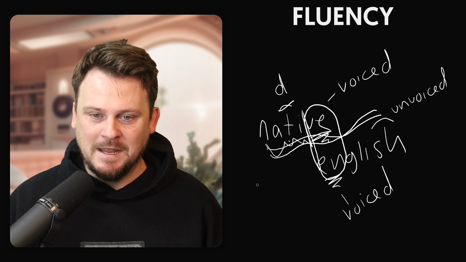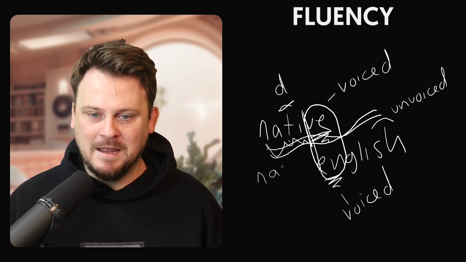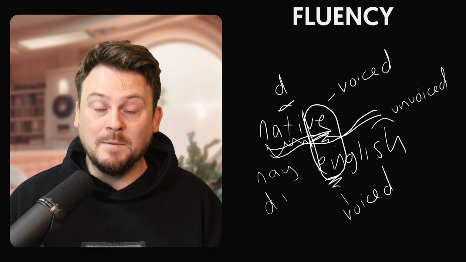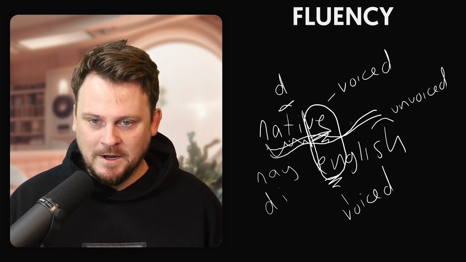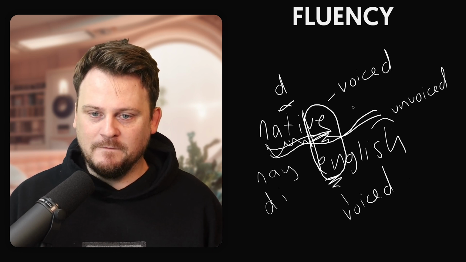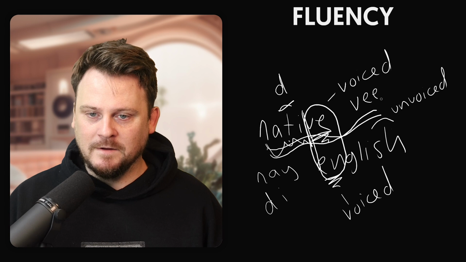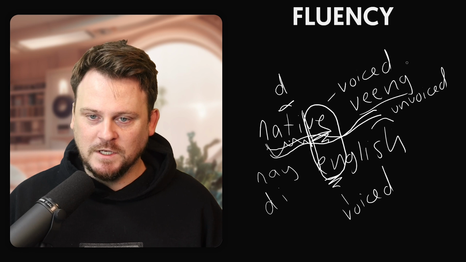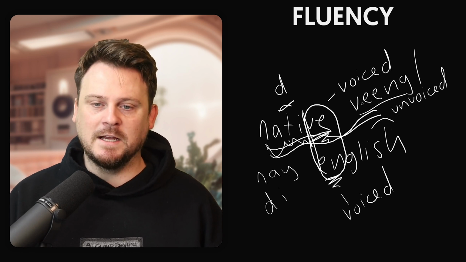Nay, like nay, and I'll make that how it is. Nay, and then di, native. And then the next syllable is actually ving. So that's like ving, Vinglish, and then the glish goes into the next syllable.